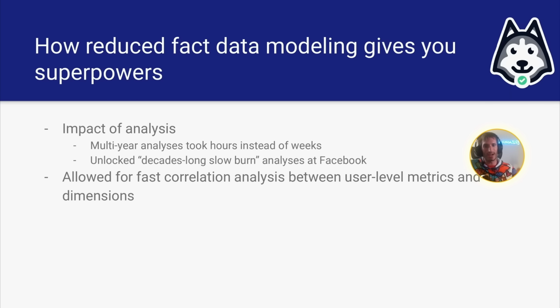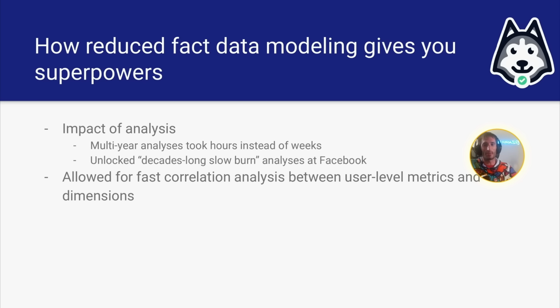And once you got the data into this format, instead of taking a week, it took a couple hours. It took 3 or 4 hours to run, because it's just dramatically smaller data, and it made it so we could cut up the data and look at every possible dimension under the sun, for the entire history of Facebook, as quick as we wanted.